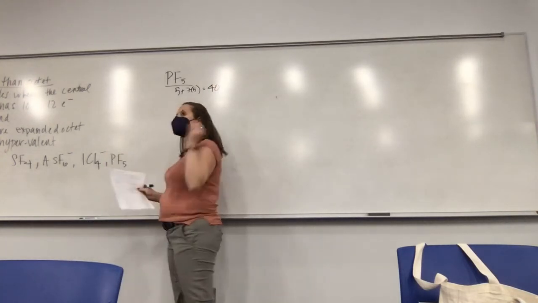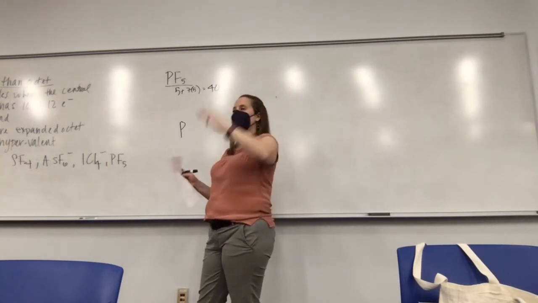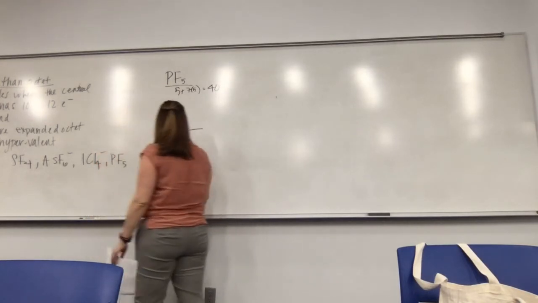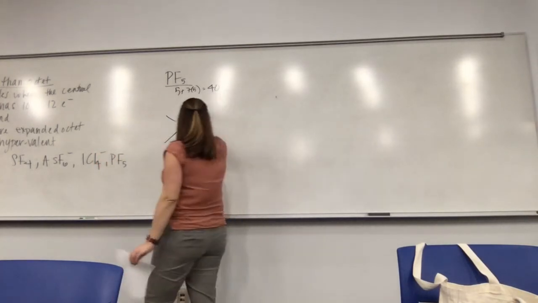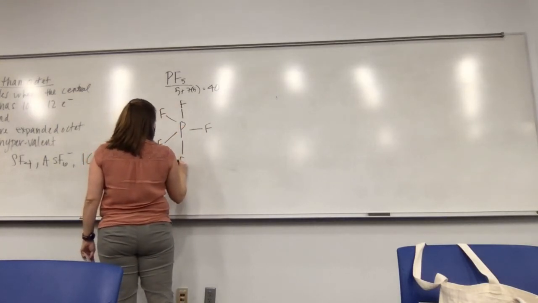So the Lewis dot rules say, count your valence electrons, connect them. So we're going to draw 5 things connected to phosphorus. We're going to add our fluorines. Then we're going to give everyone octet.